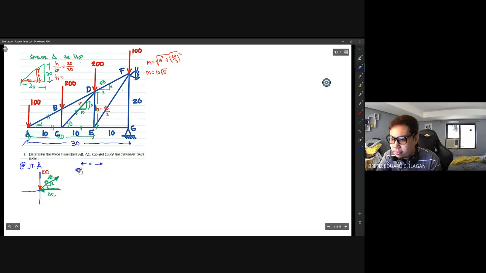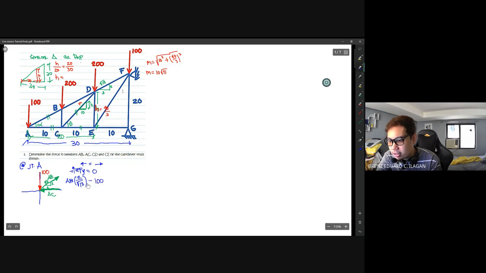So when you take summation of forces ng y, assuming that upward direction is positive, so ito yung nag-control, yung AB is equals to 0. So AB, so multiply by its y component na 2 over square root ng 13 and then minus 100.